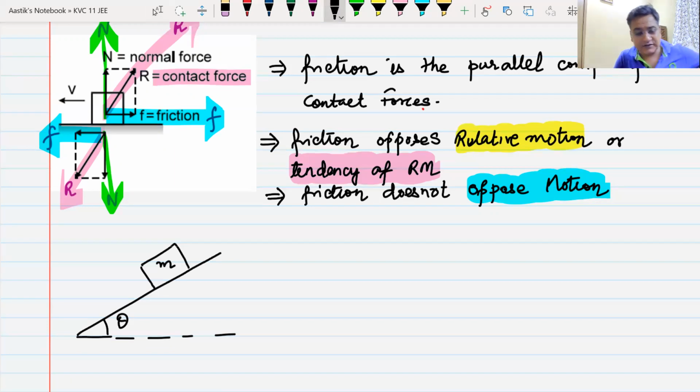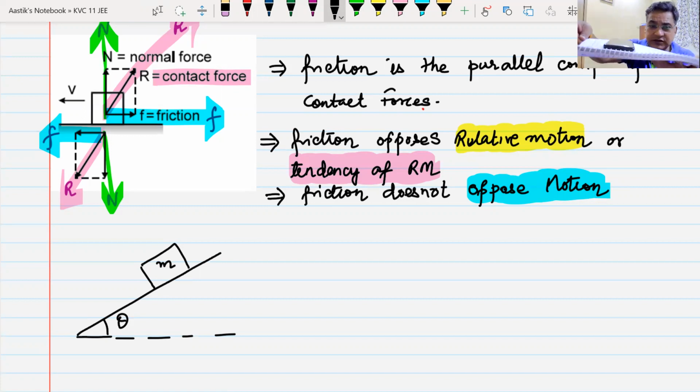I can give you an example. This is a rough surface, and I keep it inclined like this, and I keep something on it. Even if it is inclined, see, it is not moving. It is at rest.